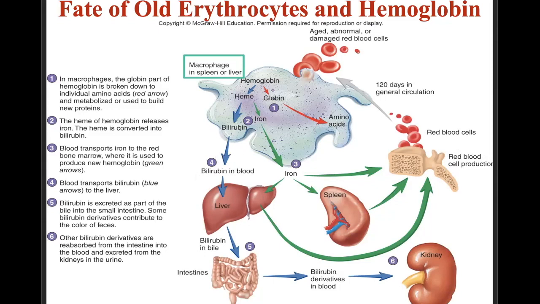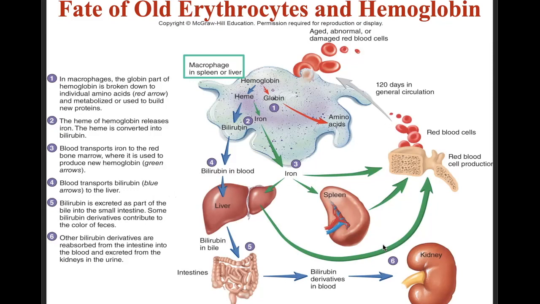Once it is converted into bilirubin, the bilirubin is taken up by the liver and released into your small intestine as part of bile. This bilirubin is also responsible for the color of your feces. That is why it is yellow.